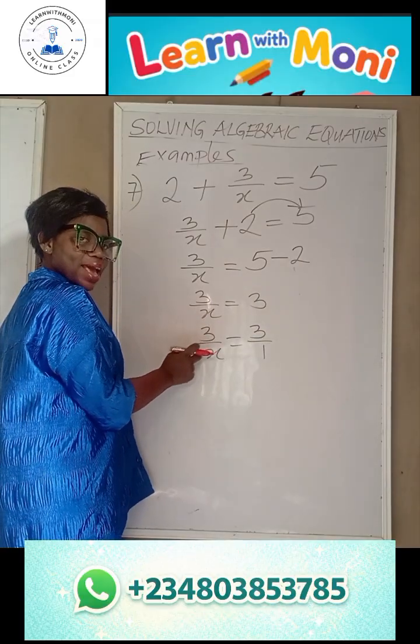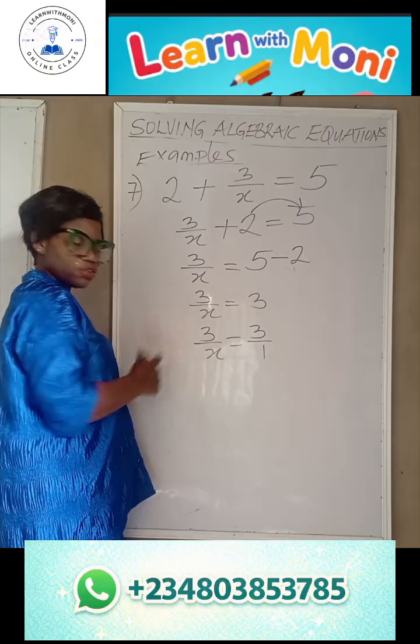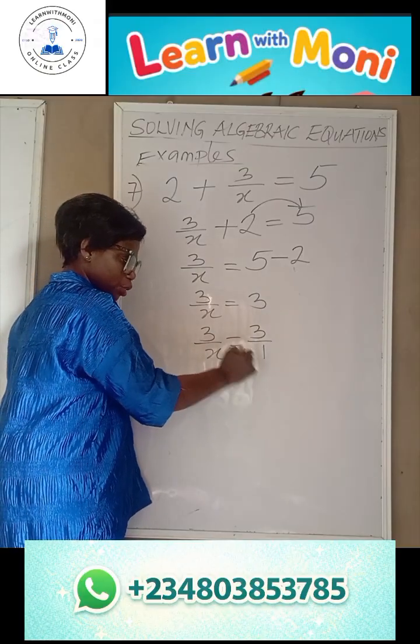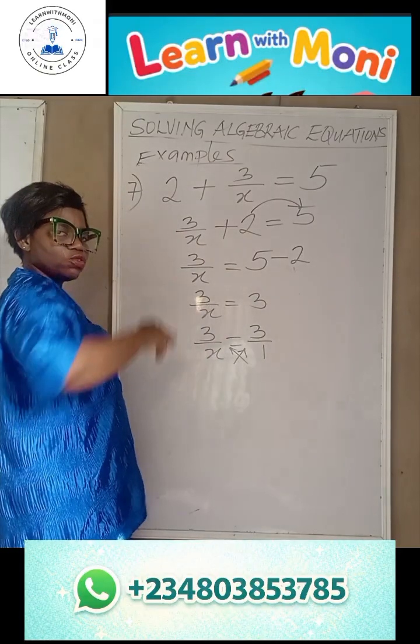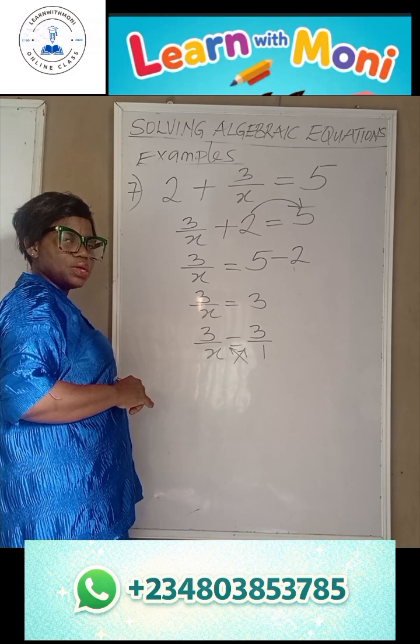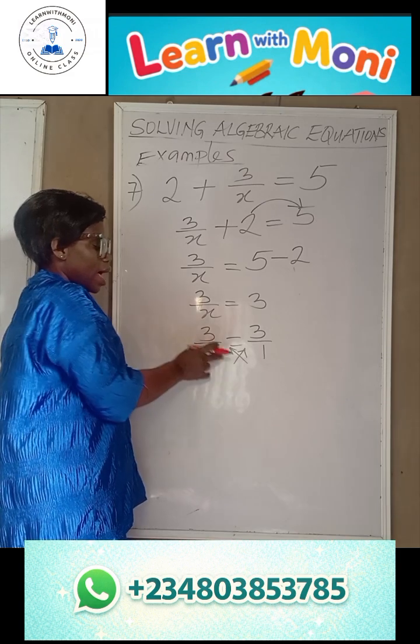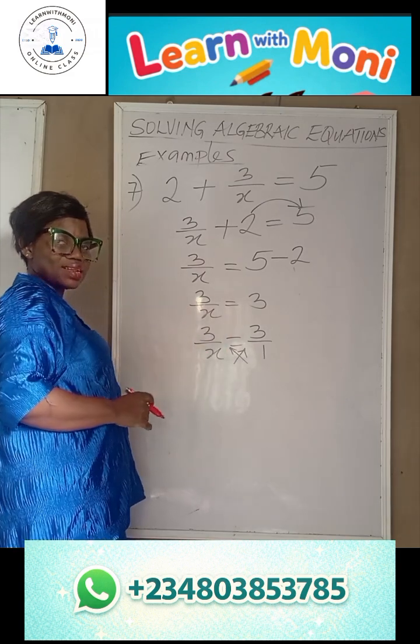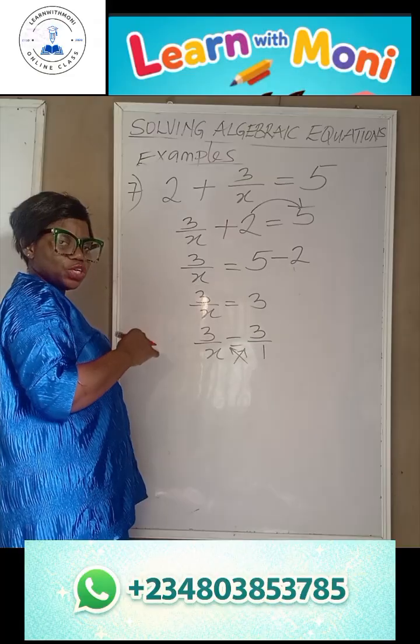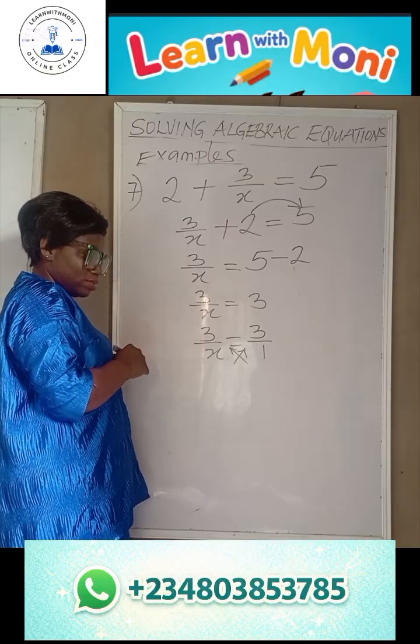To clear this x from being a denominator, I will do cross multiplication. You can slide backwards to see the third example I did, and you'll find out that this is exactly the similar situation we had there.